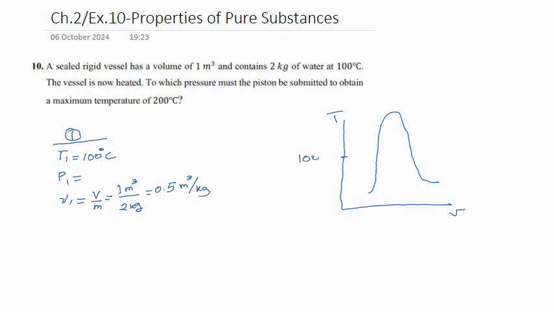So at 100 degrees Celsius, since our specific volume lies between these values, this means the constant pressure line corresponds to the saturated pressure line, which is the 101.3 kilopascal. Although the question did not ask us to calculate P1, we are just doing this for the sake of completion.